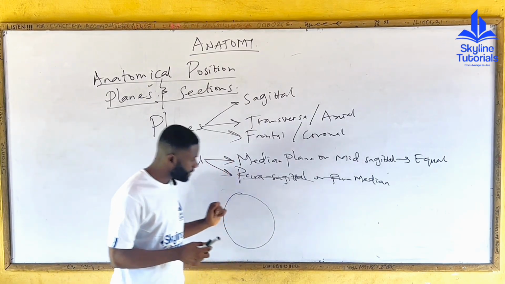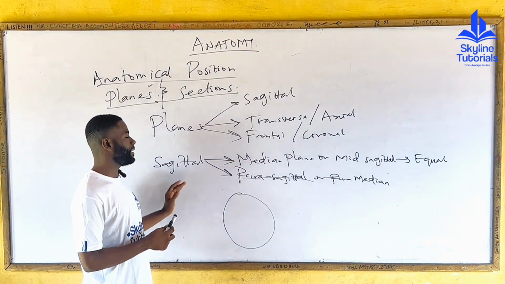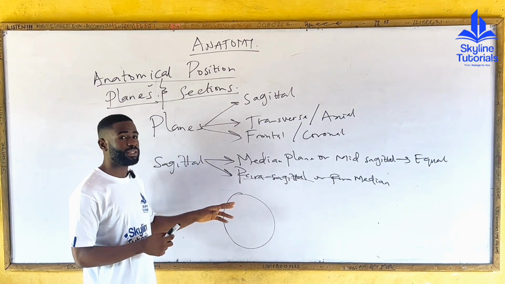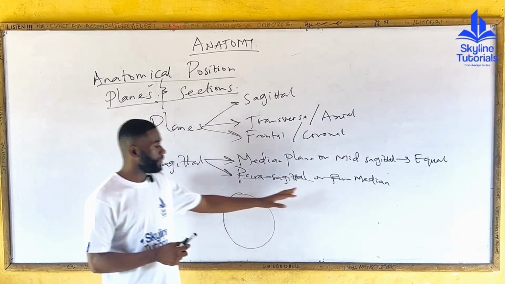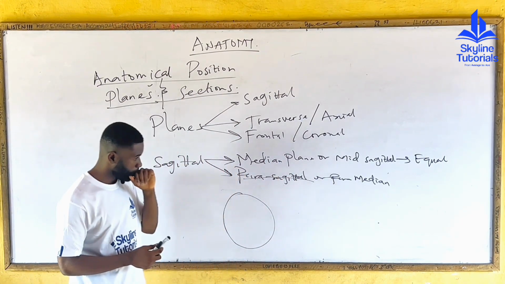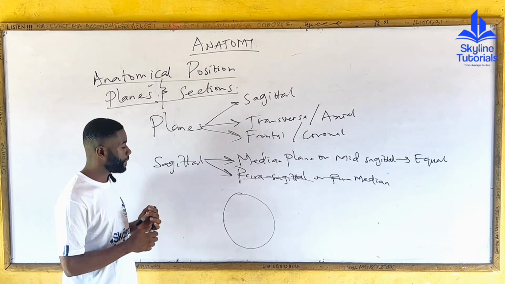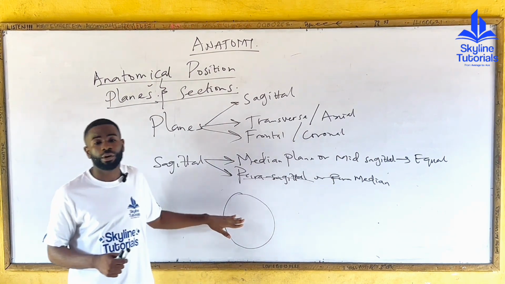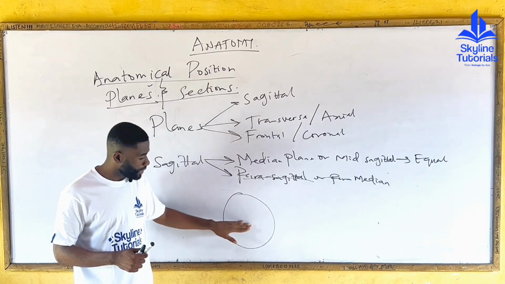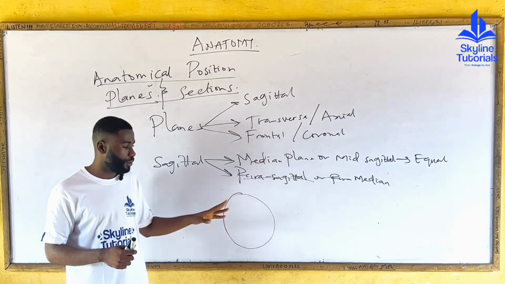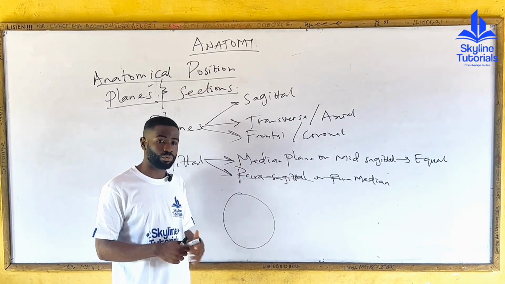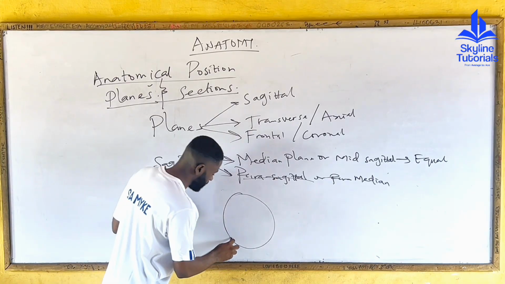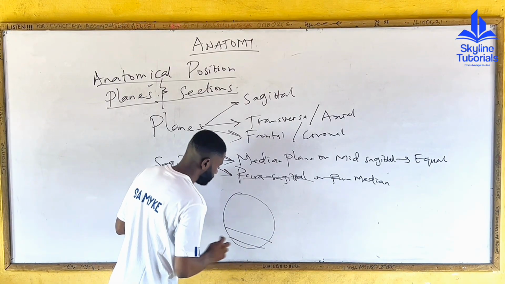Let's use this circle to explain the sagittal plane or the different subdivisions of the sagittal plane, paramedian and the median plane. In a circle, we have what we call a chord, right? A chord is simply a line that runs from one circumference of a circle to another. So this is a chord, this is a chord.